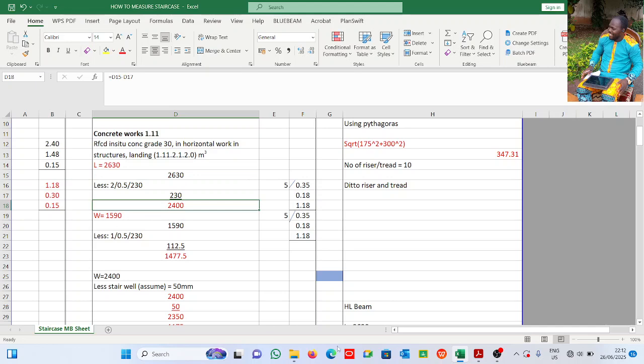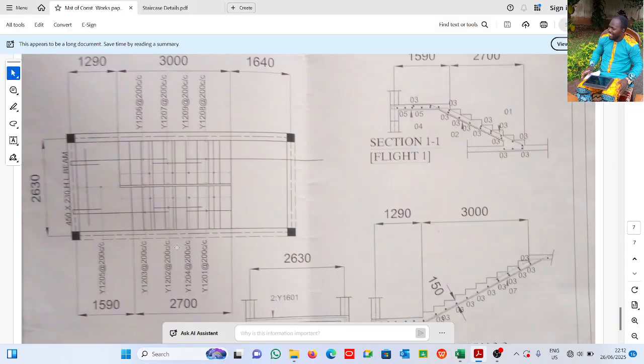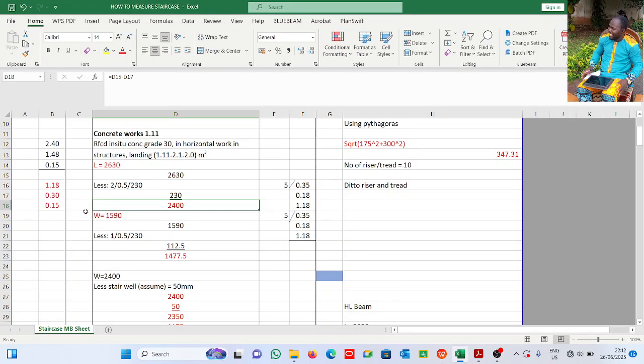The same thing for the width. If you look at the width, I have just one side of it here, so I am lessening 1. Here you can see I have to less 2, but here I have to less 1 to come here. Basically this is 1590 less 1 by half by 230.